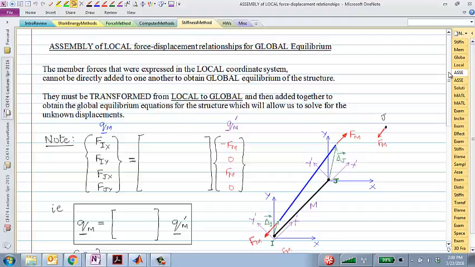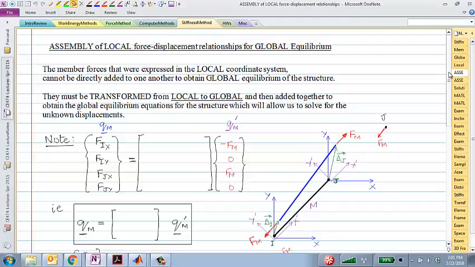So for example, if I have two truss elements, they meet at a node. For truss element A and truss element B, I want to find out what would be the forces these elements apply on the node. So can I add forces that I have in x prime, y prime components for A and x prime, y prime components for B? We can't. There are two different coordinate systems. So what we do need is a common coordinate system for all truss elements.